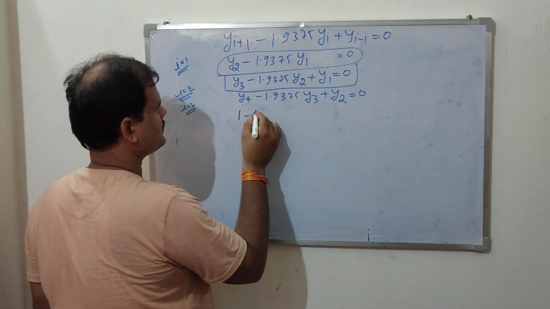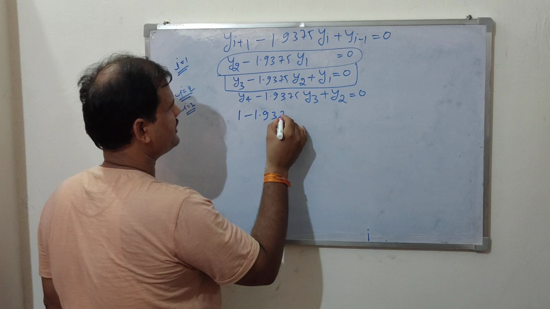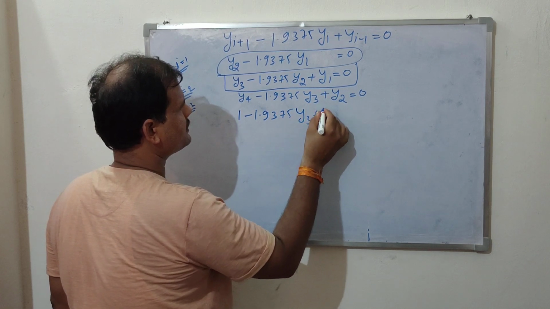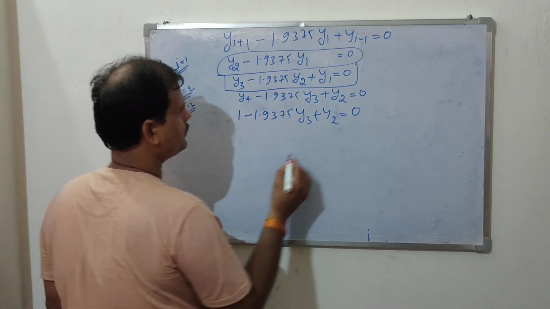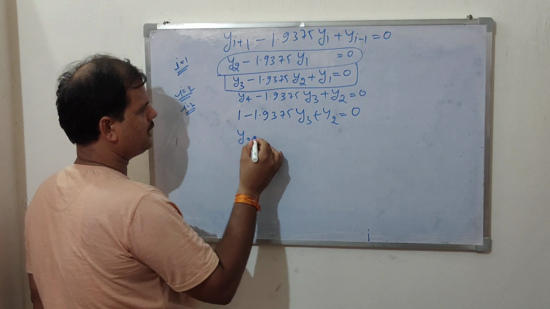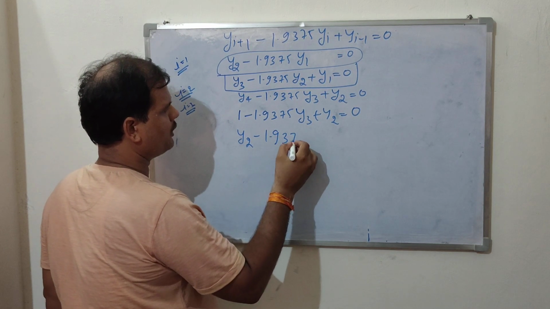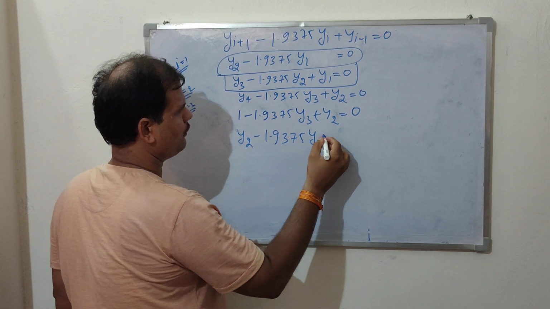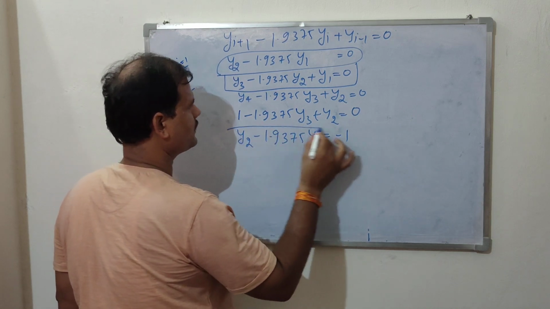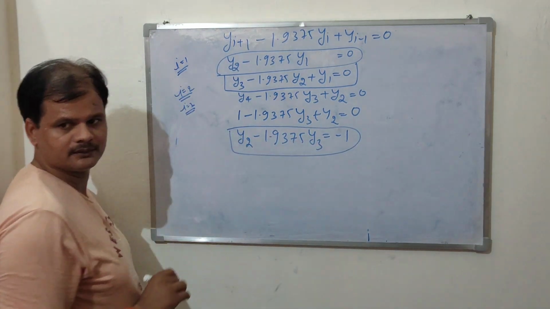So 1 minus 1.9375 y3 plus y2 equal to 0. Now y2 minus 1.9375 y3 equal to minus 1. So this is the third equation.